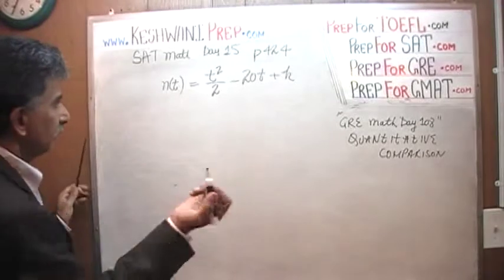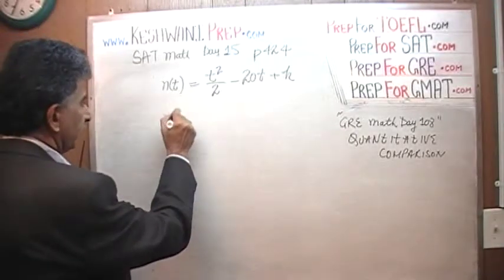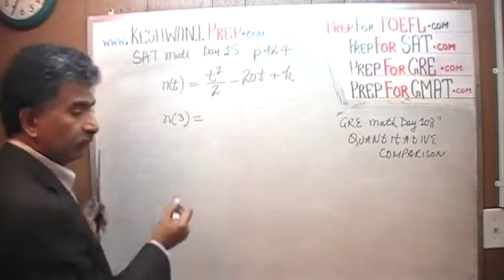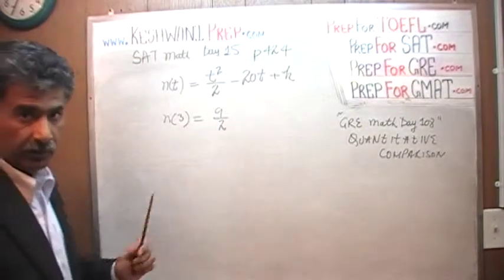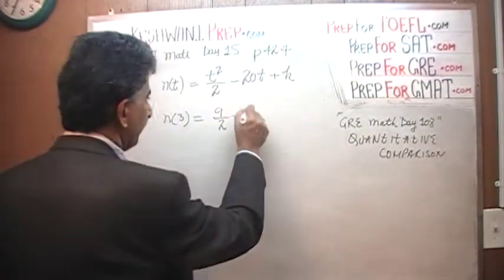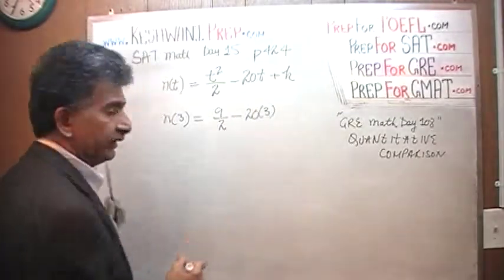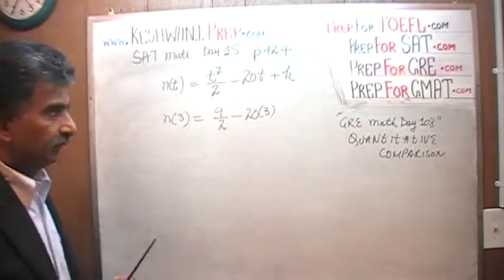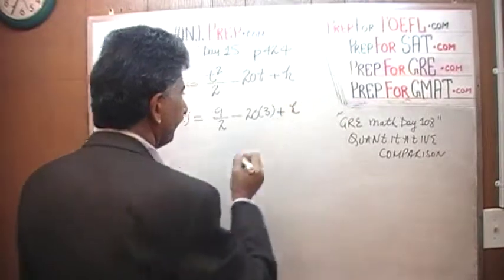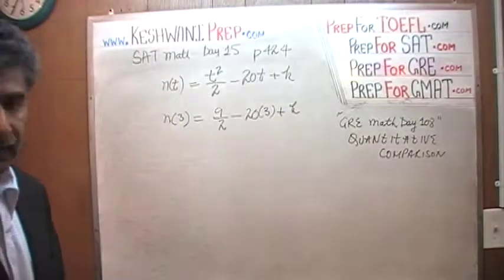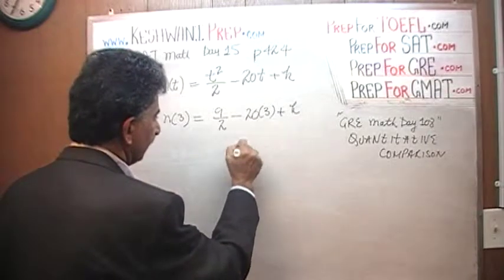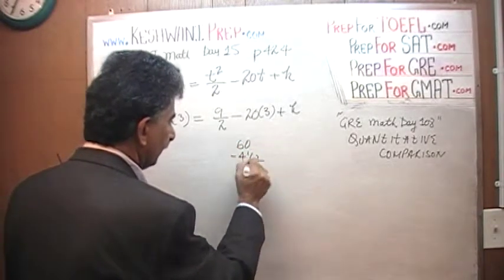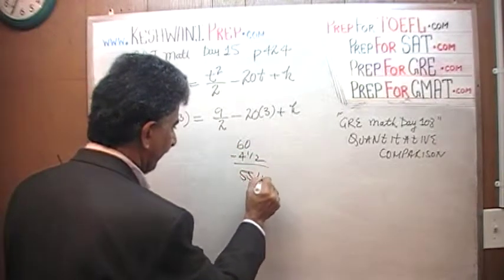See, for example, on the third day, the number of bees that we will have is 9 over 2. First of all, you cannot have 4.5 bees, minus 20 times 3, which is negative 60, plus a k. That tells us, first of all, this is 60 minus 4.5, which is 55.5.